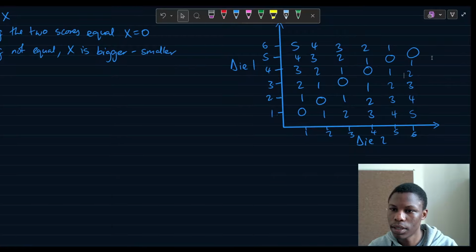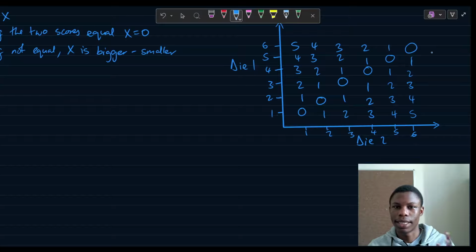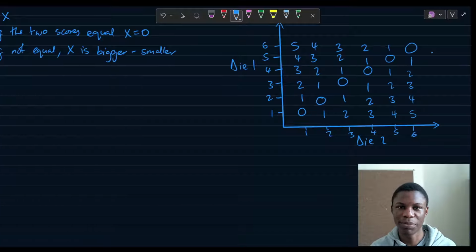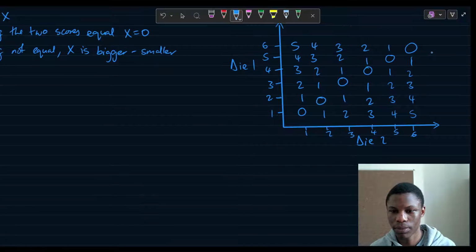The 0 should be up. Okay, and a 1 here. So that is our possibility space diagram. Inside the diagram, those are the possible values that x can take. So x can either be 0, that's when the two scores are equal, or x can be 1, 2, 3, 4, or 5.